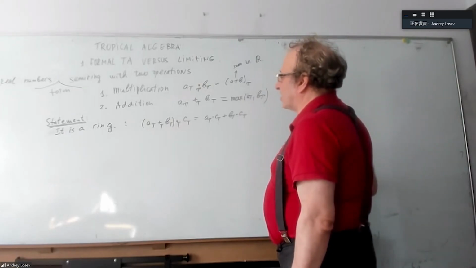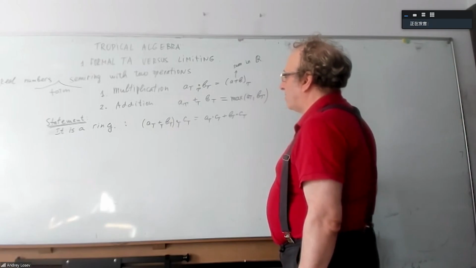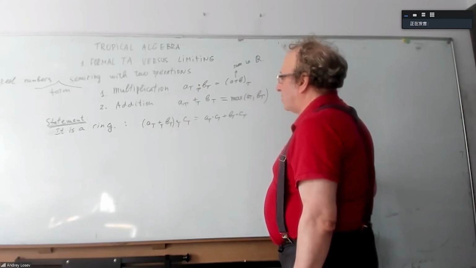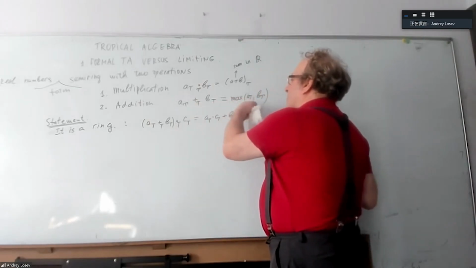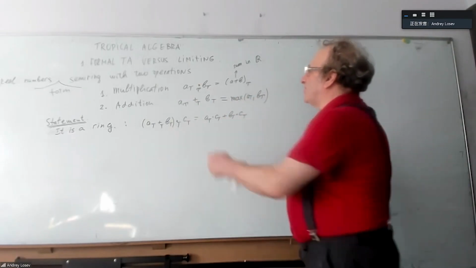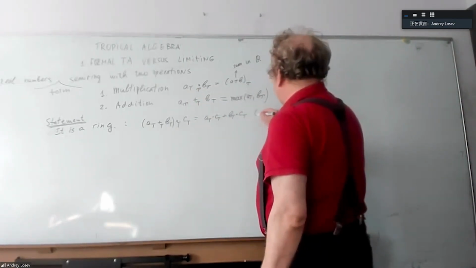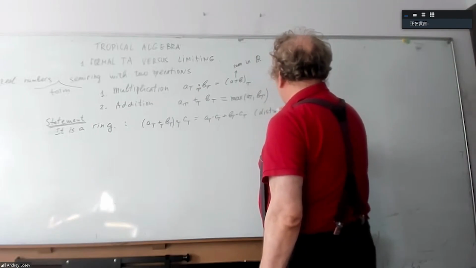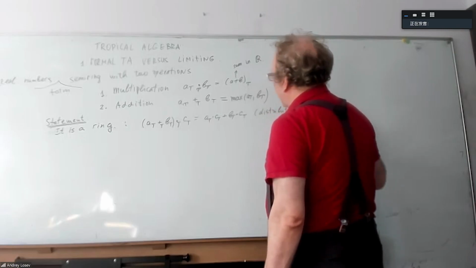So now let us check if it is true. And of course, here you can easily check commutativity, associativity, and also here commutativity and associativity, and this is distributivity.